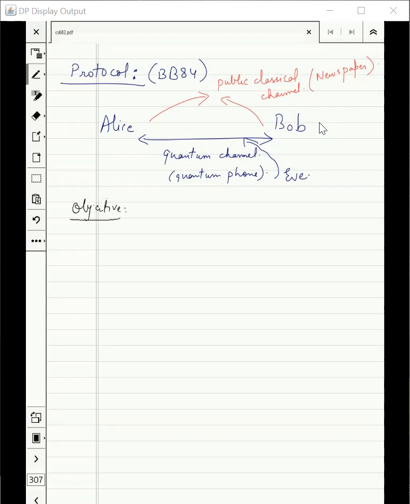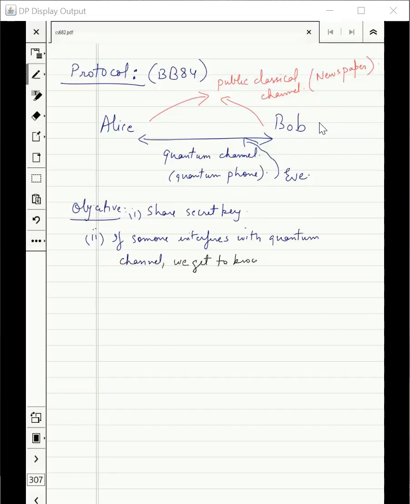We don't care if someone reads our message on the public channel. We assume everyone is reading it. But from the quantum channel, our expectation is that if someone interferes with the quantum channel, we get to know. Then we can abort the protocol or things like that.